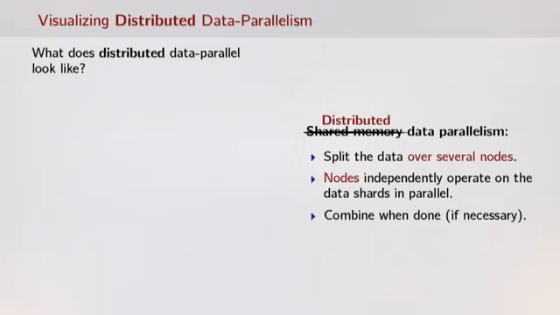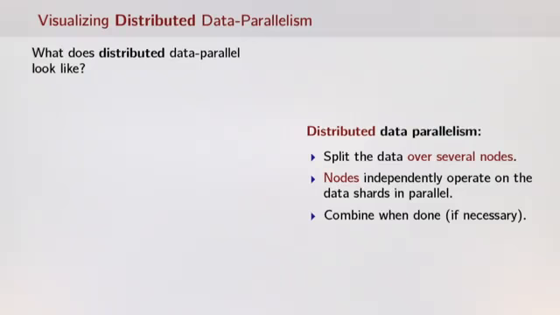In the distributed case, nodes operate on the shards in parallel. So it's not workers or threads, it's independent nodes, independent machines working on the data in parallel. This very high-level description of data parallelism in the distributed case is very similar to the shared memory case. The only difference really is that we're splitting things over several nodes, and the nodes are the things that do the work instead of individual threads.